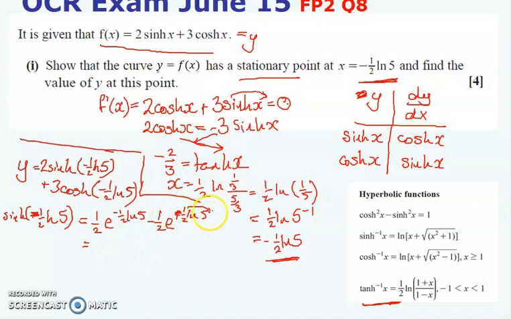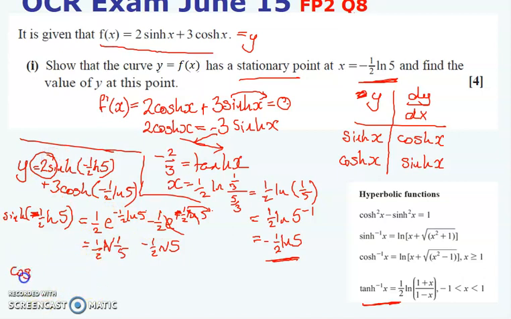That becomes like 5 to the half, and the e's cancel. So this is a half root a fifth minus a half root 5. So I've got 2 of those. I'm going to have to bear that in mind in a bit.